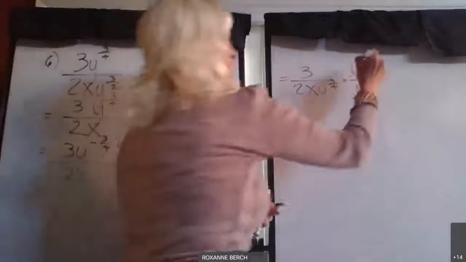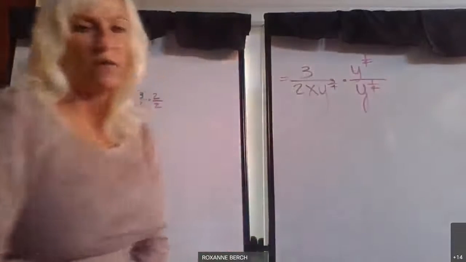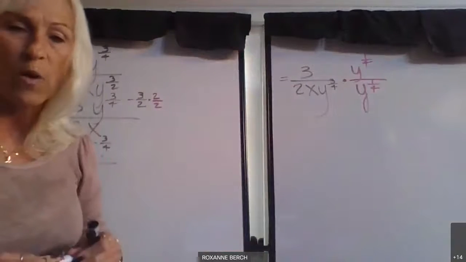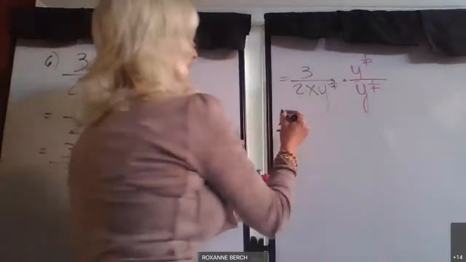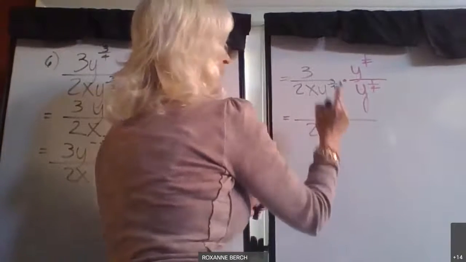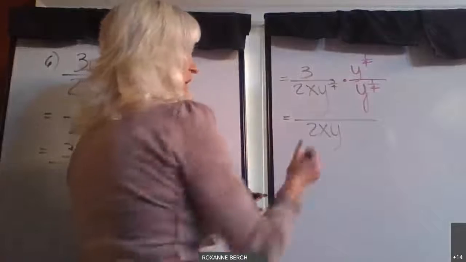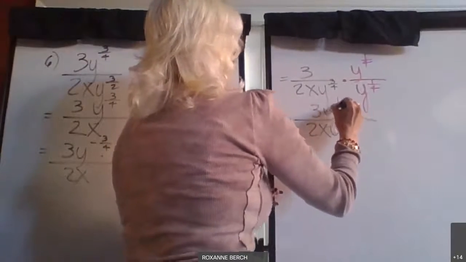So if I make this y to the 1/4, isn't 3 plus 1 4/4, so wouldn't I get a y to the 1 on the bottom? And that's exactly what I want to do. I want to get 2xy to the 4/4, which would be 1. And on the top, you get 3y to the 1/4.